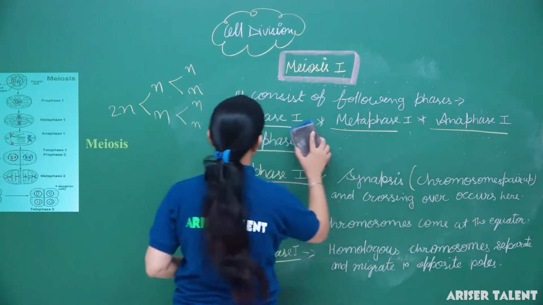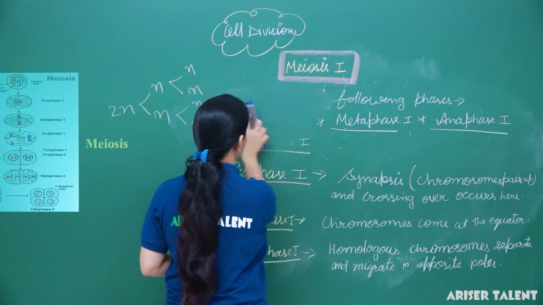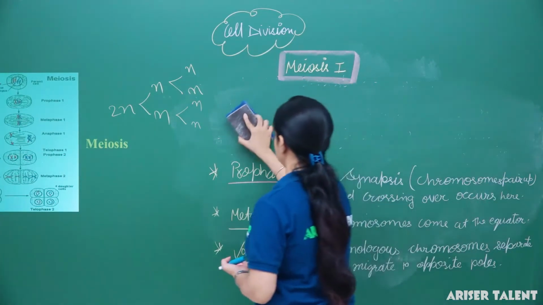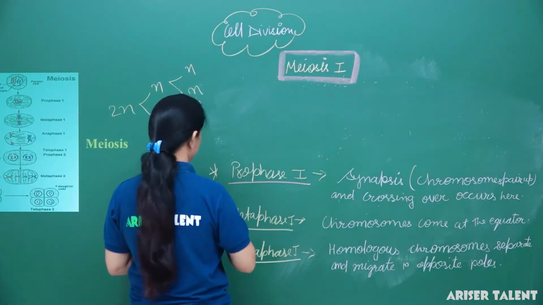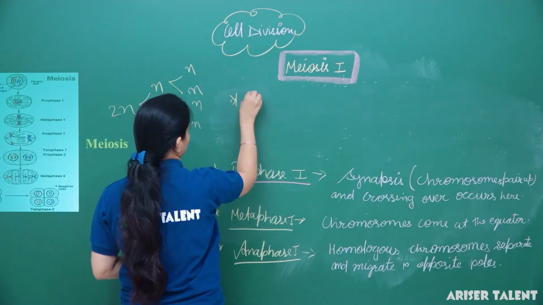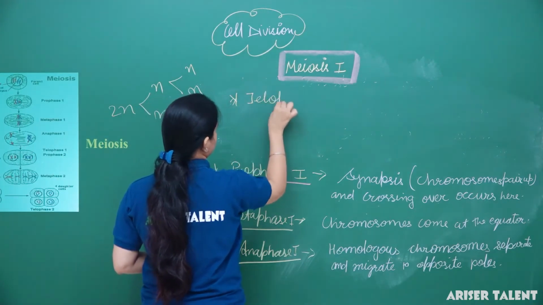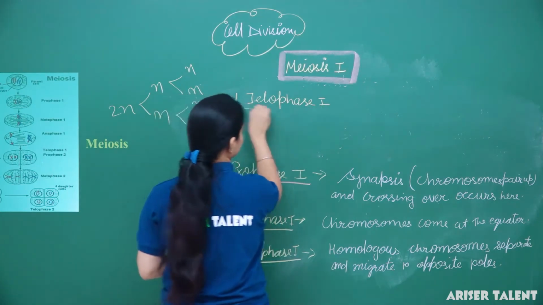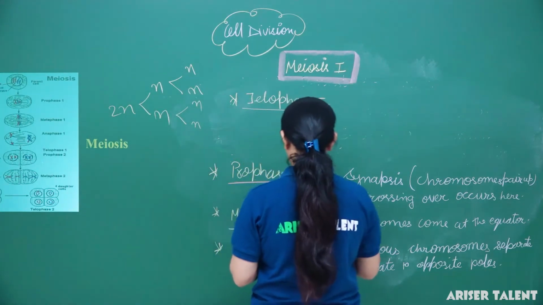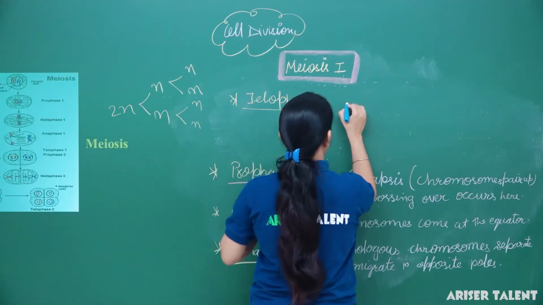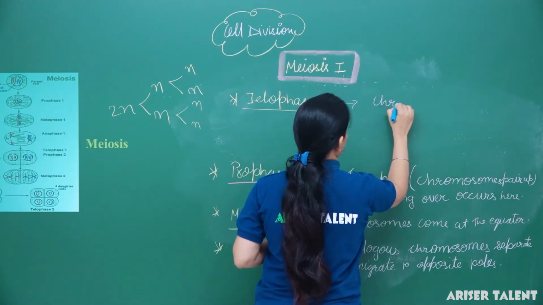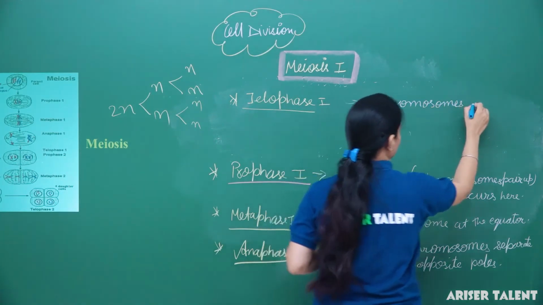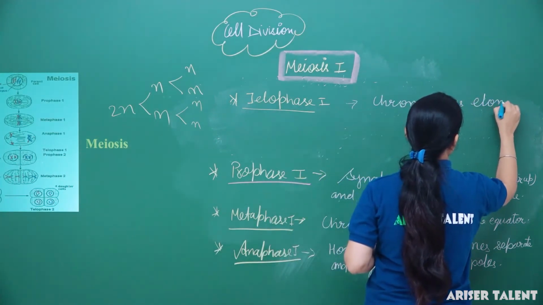Next is telophase 1. What happens in telophase 1? Chromosomes elongate.